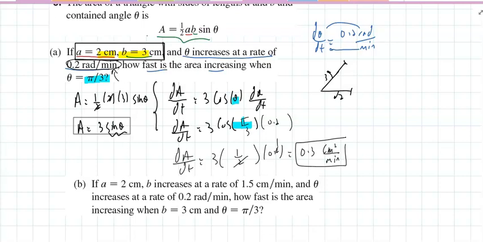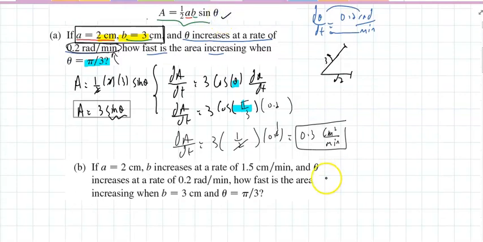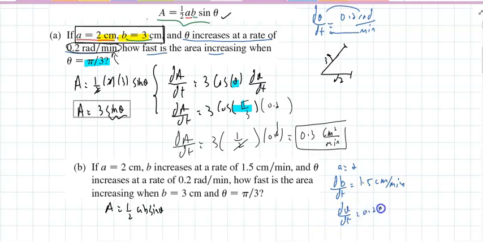Now in part B they say something slightly different. In part B they say, hey, same area. Area is still 1/2 AB the sine of theta, but now A is fixed to be 2, A doesn't change, but B is increasing at a rate of 1.5 centimeters per minute, and theta is increasing at a rate of 0.2 radians per minute.